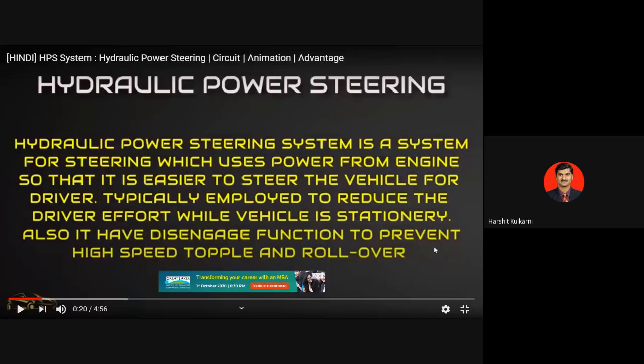Like public transport buses, it was earlier very difficult to maneuver or steer the vehicle. So that is why these hydraulic systems were introduced. It will avoid toppling and rollover at high speeds. Okay, so let us now understand this hydraulic power steering system.